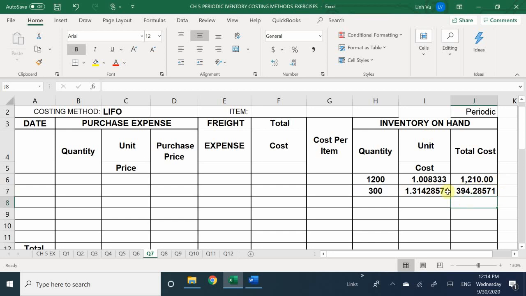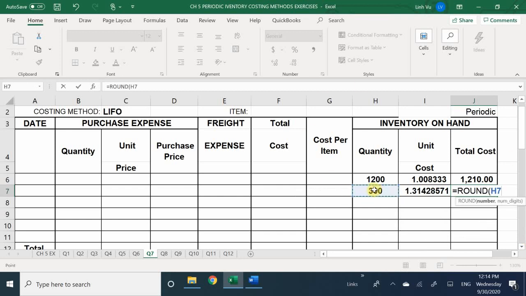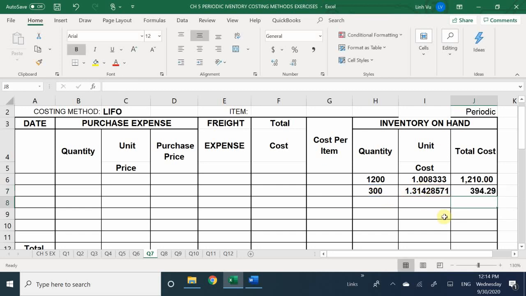And again, with this being a nasty number, I'm going to go ahead and apply the equal round number so then our numbers don't look a little weird. So equal round. Okay, I'm going to multiply them. And I'm going to comma 2. And that should give me this number evenly.